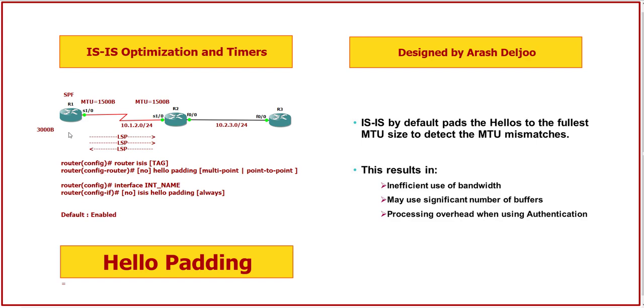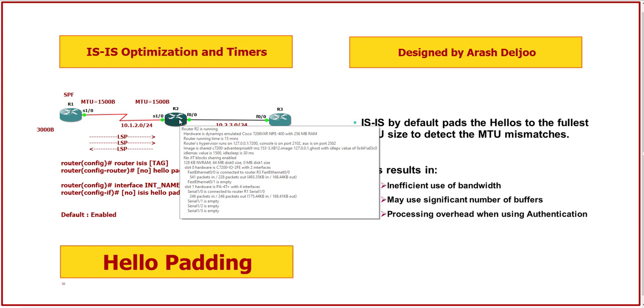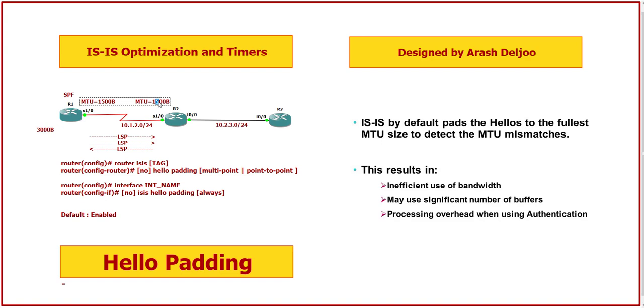The consideration is that if I send packets with the maximum MTU size, R2 must be able to receive these packets because of its MTU. Assume that on R2 we have an MTU of 1400 bytes.